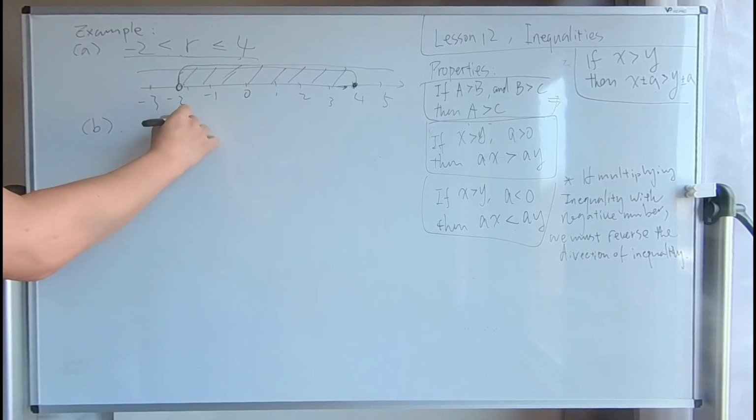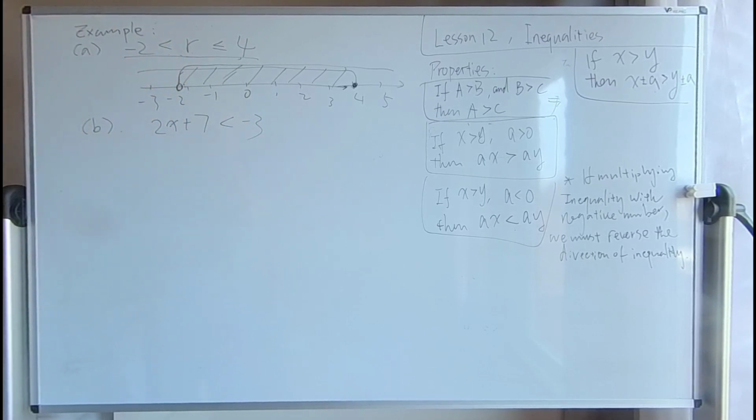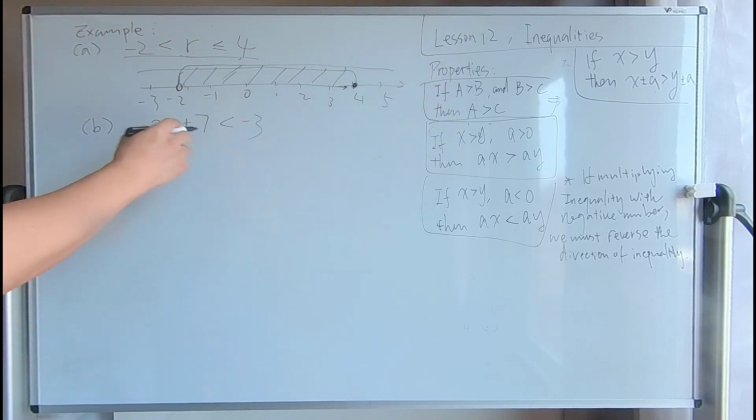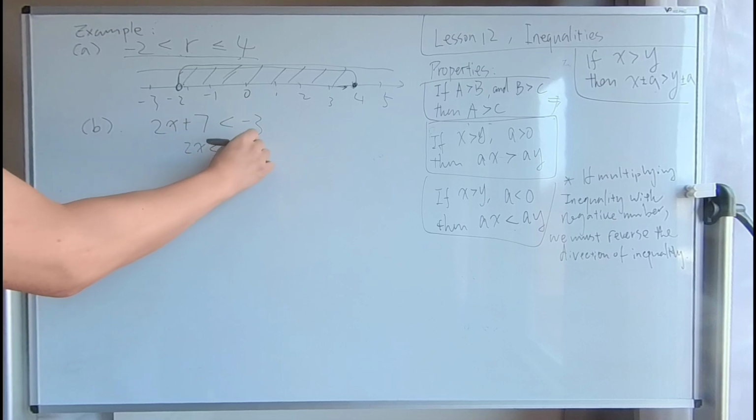Next, we only have two expressions instead of three, but it's unsimplified yet. So this one you need to simplify the inequality first before you draw this on the number line. Now we can use all these properties to simplify this. First of all, I can subtract 7 on both sides such that the sign doesn't change.